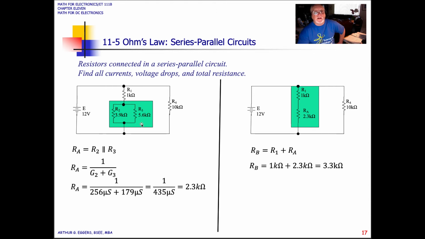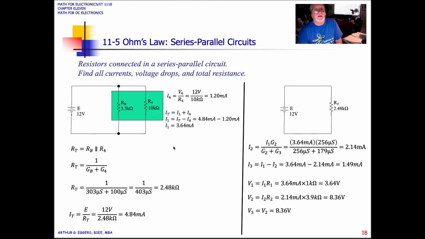That forms that entire relationship or equivalent in the box. So now the next step is the circuit simplifies to this representation, where I now have R sub A and R1 in series. Well, that simply becomes the sum of the two. So when I sum those, I get an equivalent resistance of 3.3 K ohms.